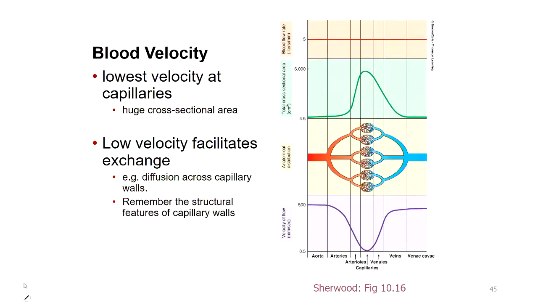Further down, in the arteries, I'd have to watch a lot more vessels, but collectively 5 litres per minute. Down to the capillaries, again, 5 litres per minute. But because it's spreading out over such a huge change in area, for the reason of feeding all the beds in the body, it slows down immensely.